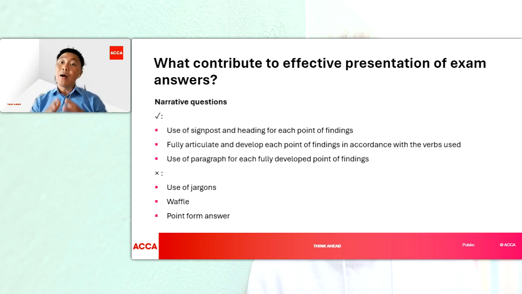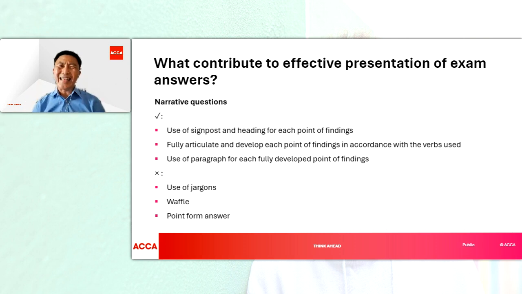Now, please keep an eye on the last three bullet points given over here. Try not to do the following: using too many jargons, waffling too much, just trying to make your answer look long. It will not work in the ACCA examination.